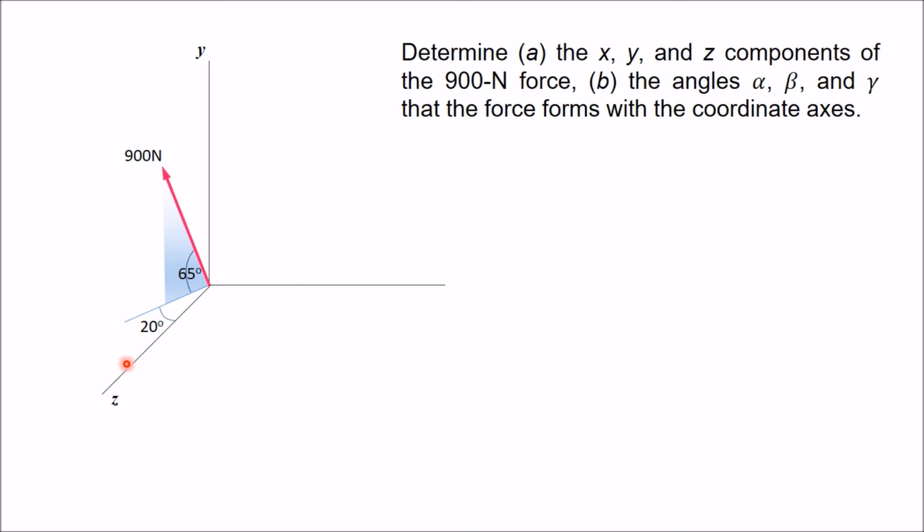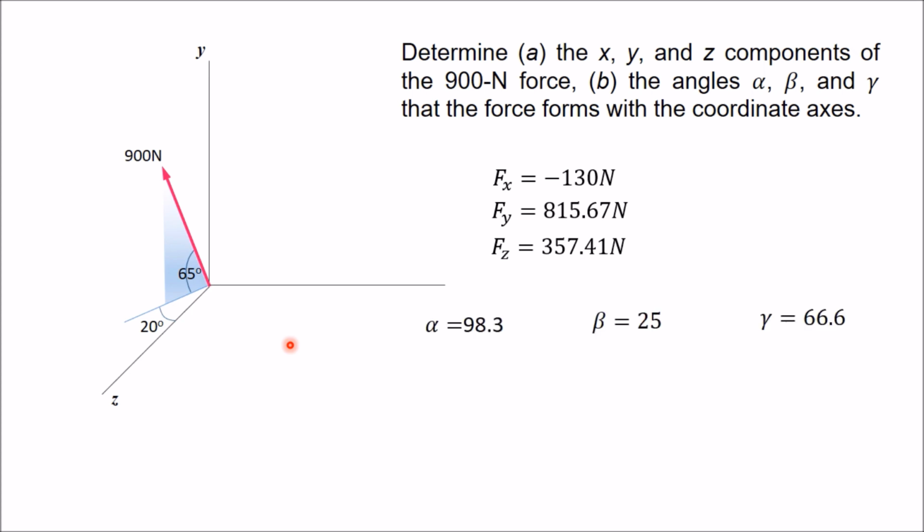The values you will get are Fx as minus 130 Newton, Fy as 815.67 Newton, and Fz as 357.41 Newton. The angles of this 900 Newton force with the x, y and z axes are 98.3 degrees, 25 degrees, since this is 65 degrees and 90 minus 65 is 25 degrees, or otherwise you can also calculate this beta, and gamma is equal to 66.6 degrees.